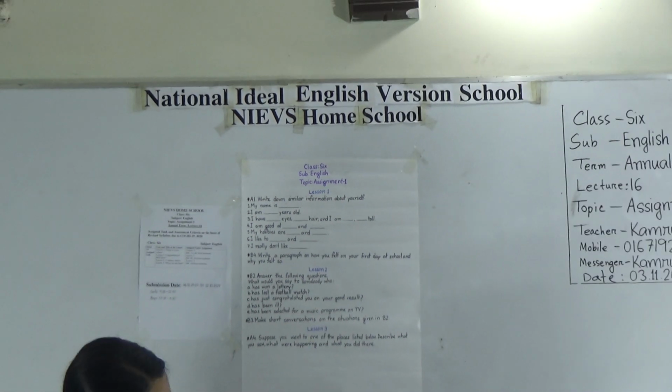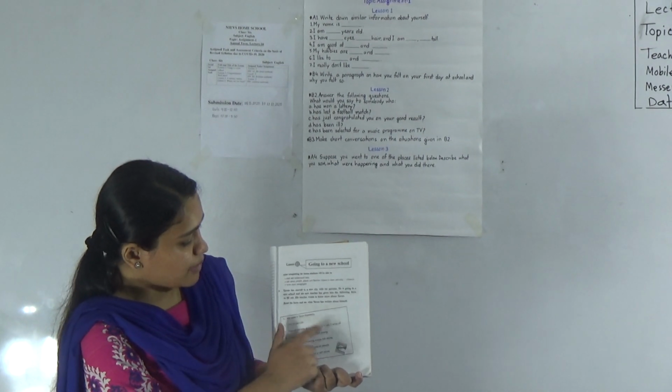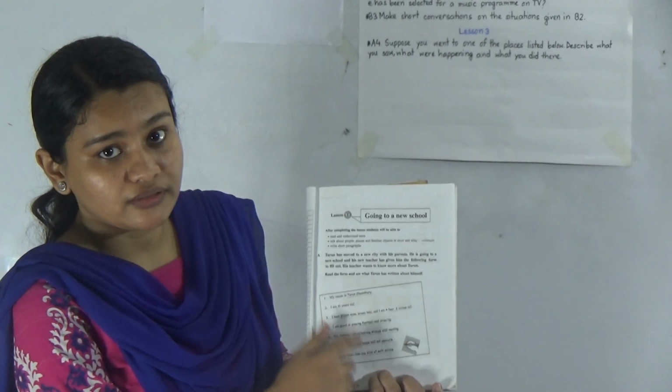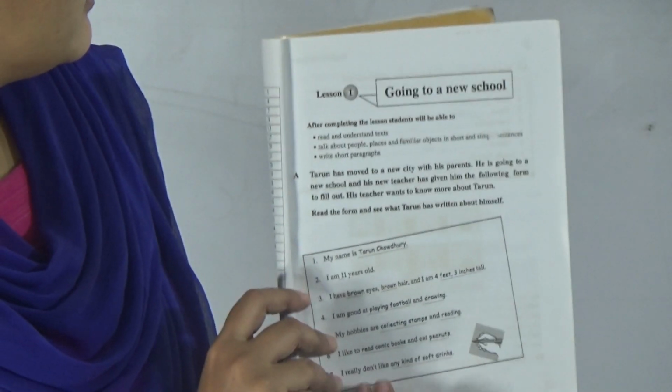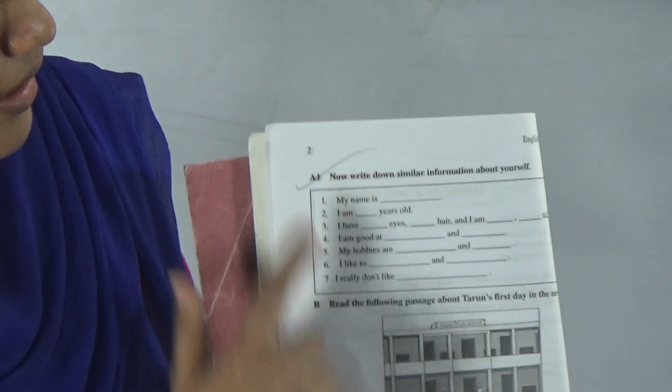There is information about Tarun. Tarun has written about himself. So now we will take the help of those information. Whatever Tarun has written here, and you will do in A1. Okay dear students, which is given in your book, that means in the next page, A1.